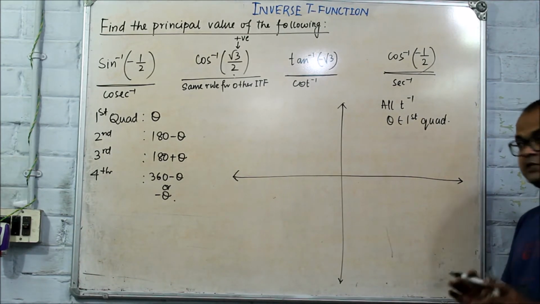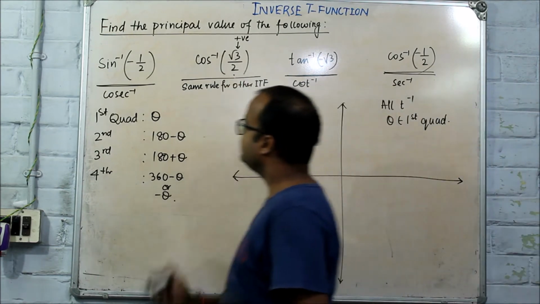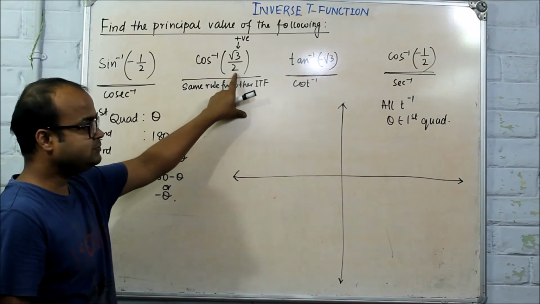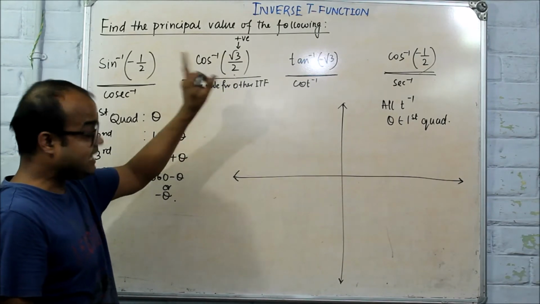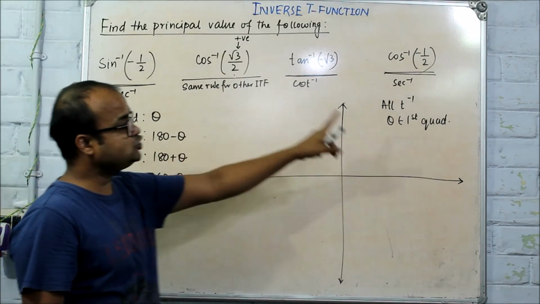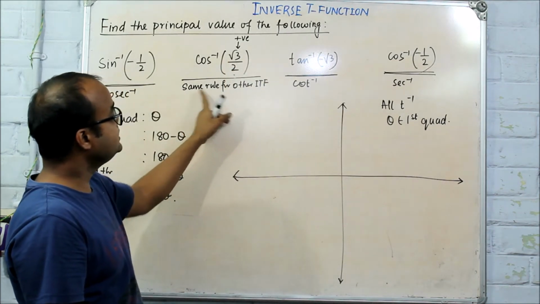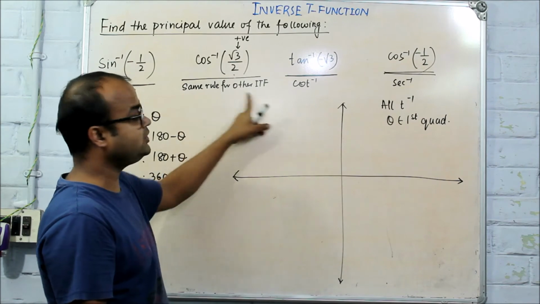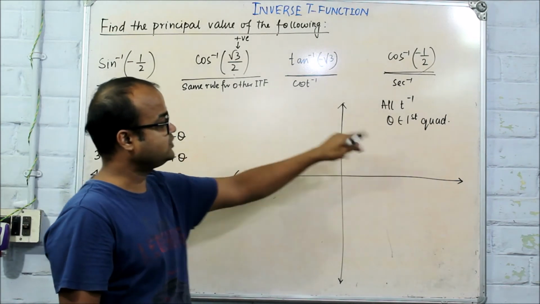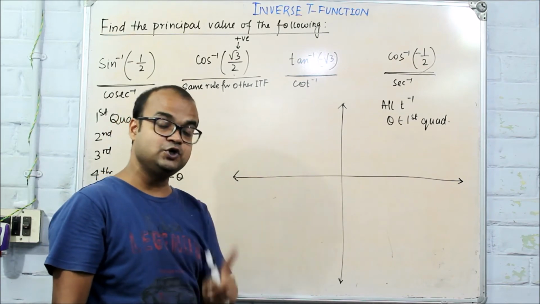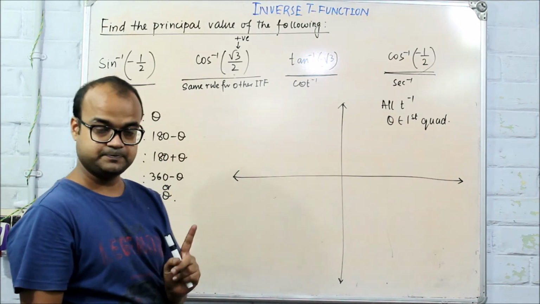Clear? Suppose here it is given as cos inverse of root 3 by 2, it is positive. So your angle always belongs to the first quadrant. The same rule holds for the other inverse trigonometric functions. If it is positive, your theta always belongs to the first quadrant.